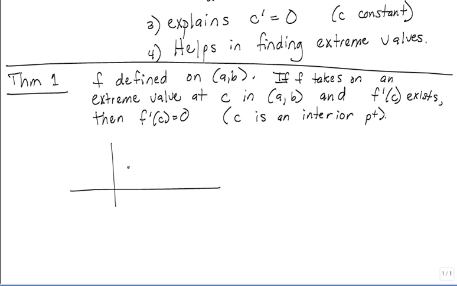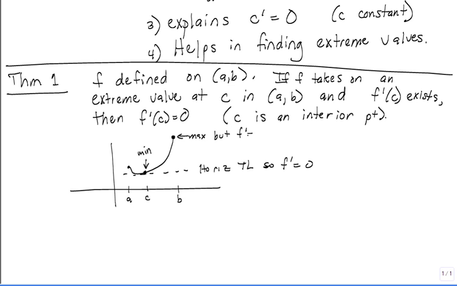So for something like this, this is a min, so that's an extreme value because it has a horizontal tangent line. So f prime equals 0. This is C, this is A, this is B. This is a max, but f prime is not 0 here.